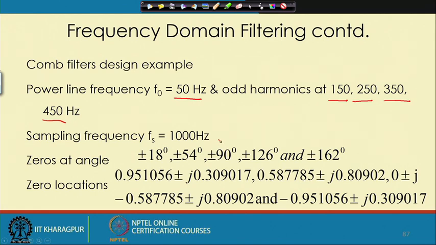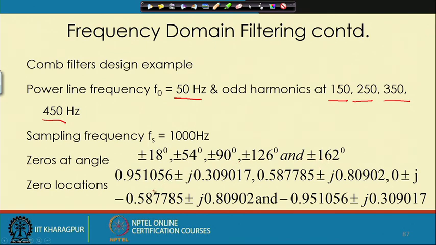The sampling frequency here again remains the same, that is 1000 hertz. Corresponding to that, we know that for 50 hertz we need to have the zeros at 18 degrees. For the third harmonic, 3 into 18, that is 54 degrees, we need to have the zeros. Then for the fifth harmonic at plus minus 90 degrees, for the seventh harmonic at plus minus 126 degrees, and for the ninth harmonic at plus minus 162 degrees.